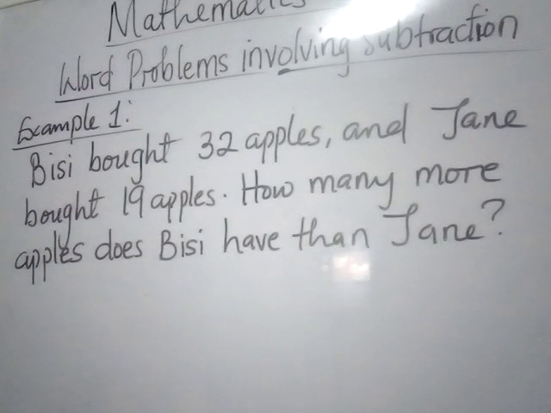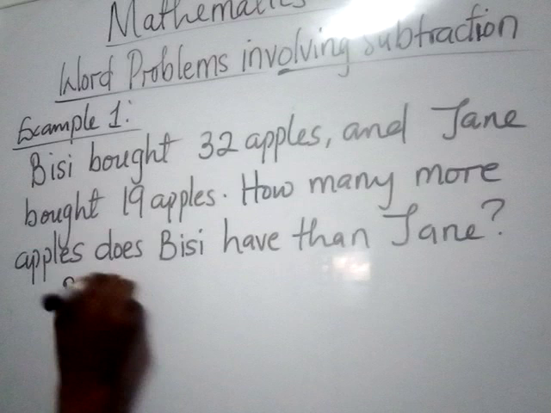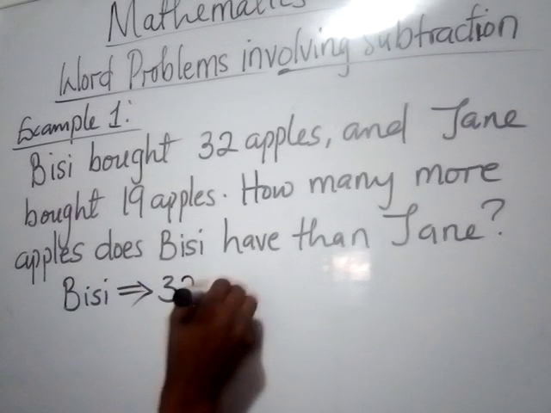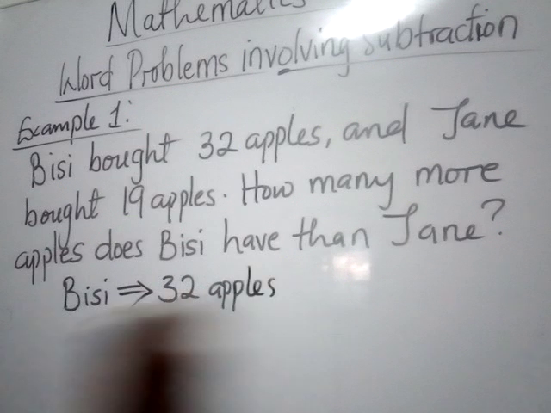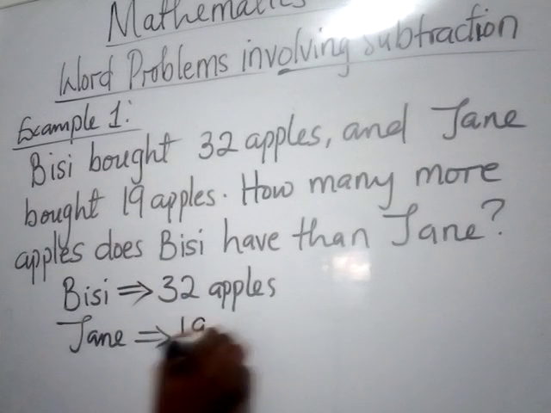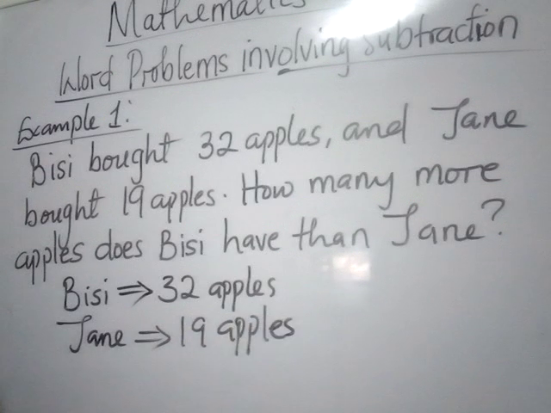How many more apples does BC have than Jane? We know that BC has 32 apples and Jane has 19 apples. So how many more means you're going to find the difference.